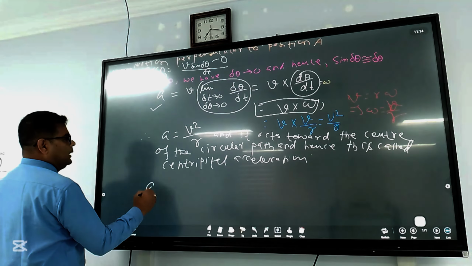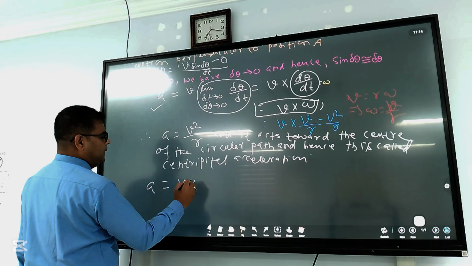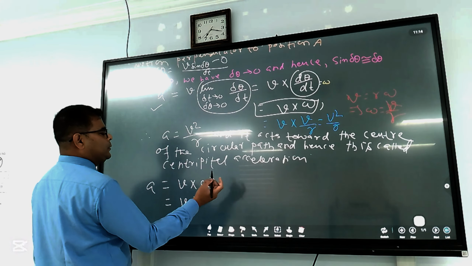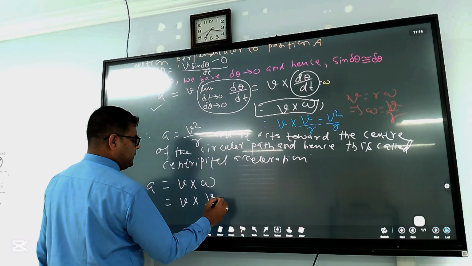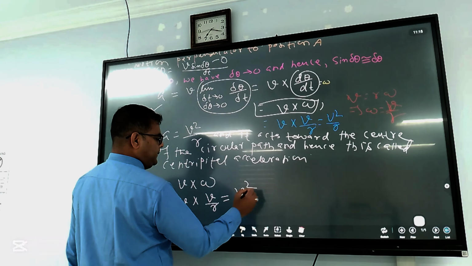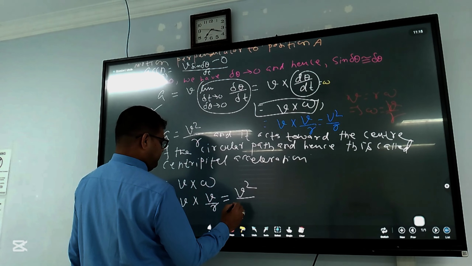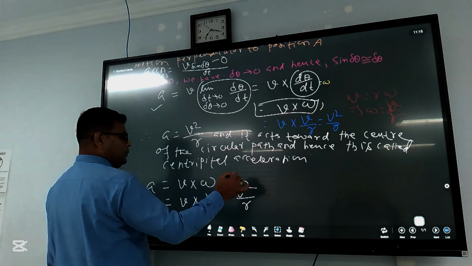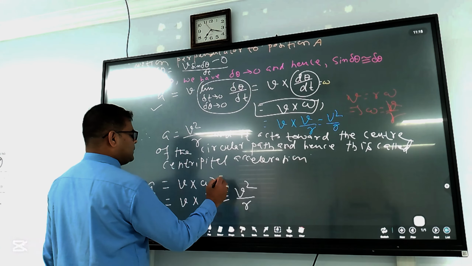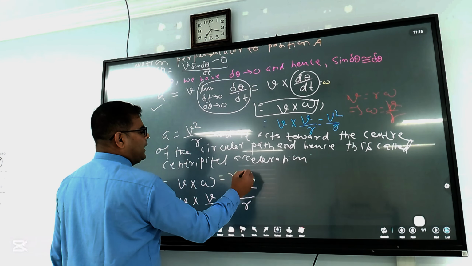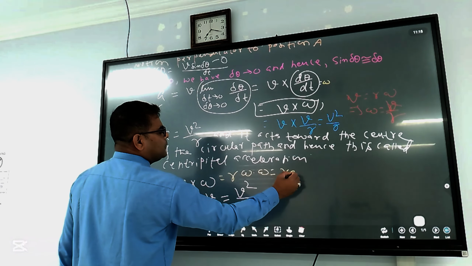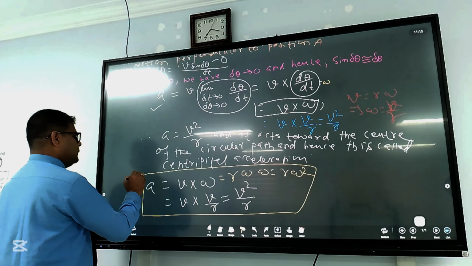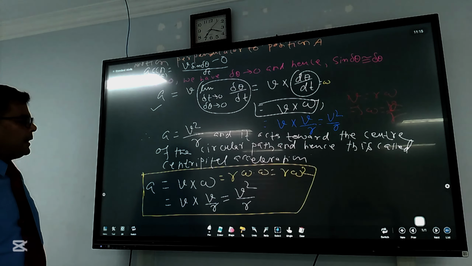Firstly we got A equals V omega, and after that we replaced omega with V by R, so we got V square by R. This is another formula for the centripetal acceleration. And here V means R omega, so another formula is R omega square. So these are the formulas to calculate the centripetal acceleration.